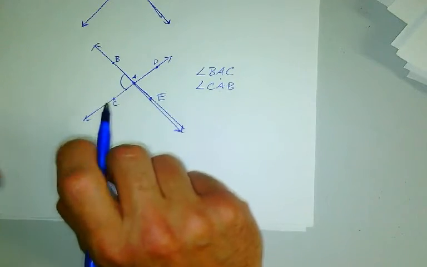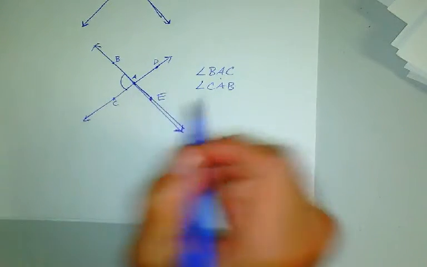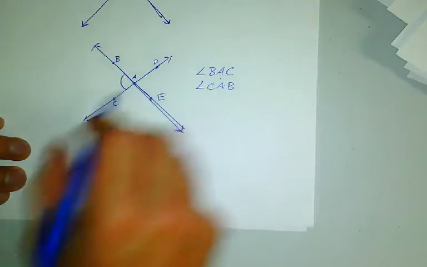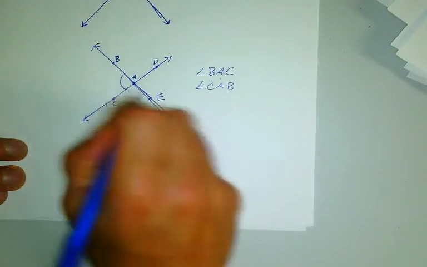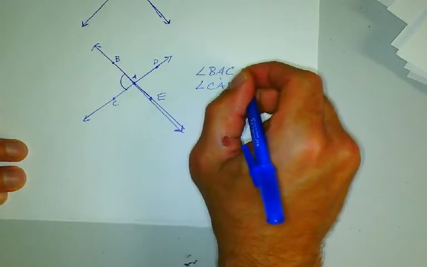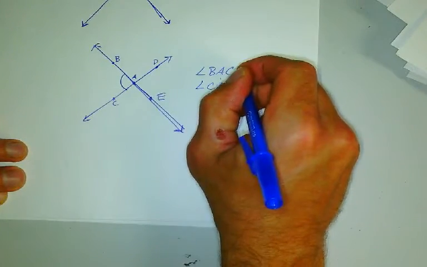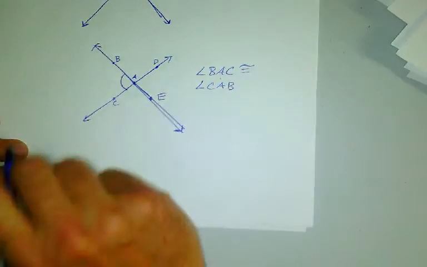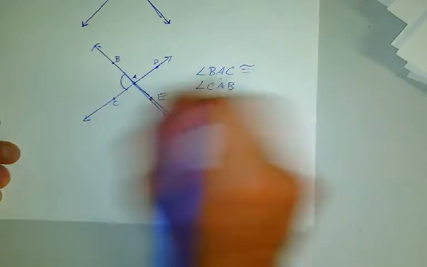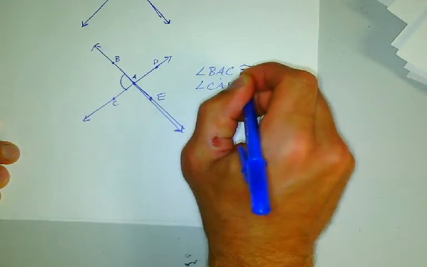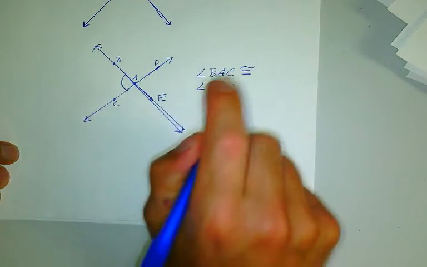Now a little more math notation here. For congruent angles, I'm not going to use an equal sign. I'm going to use an equal sign with a single squiggly above it, like an approximate sign. If you see an equal sign with this above it, that means congruent.